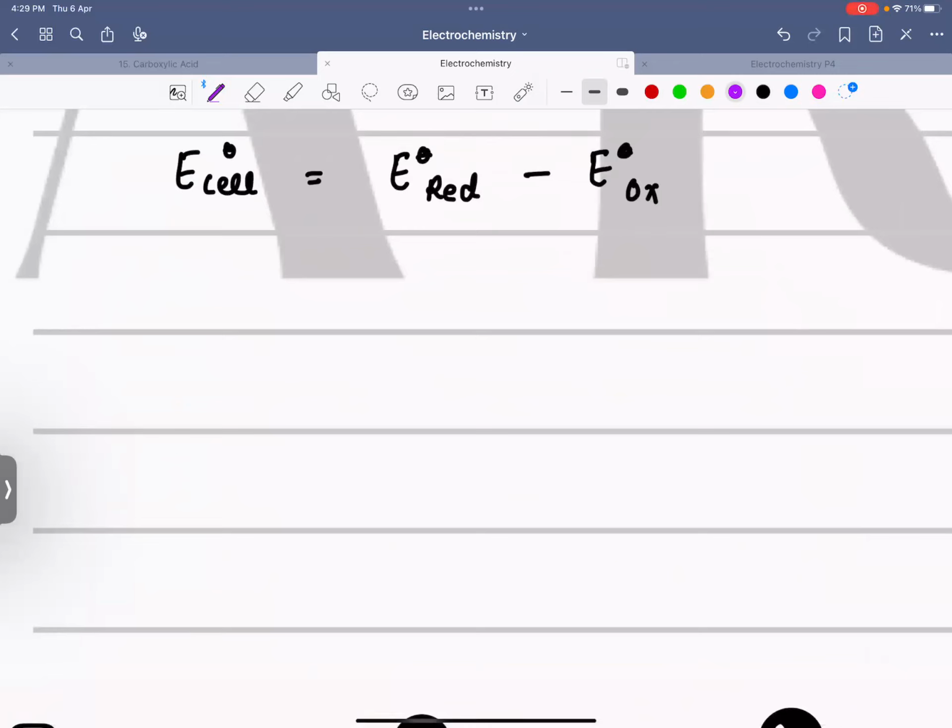Where in reduction it is always the greater value, and the one we choose to be oxidized has the smaller value.